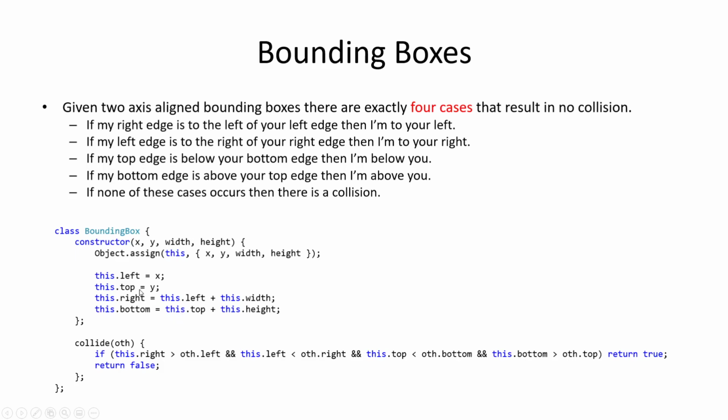And so that's what I've got down here. I've taken the x, y, width, and height that we store, and I am going to store that in my bounding box as well in case I want to access that. But in my test down below, I'm going to use left, top, right, and bottom because that's what my logic up here is saying. As I mentioned earlier, I can calculate my right edge by taking the left edge and adding on the width.